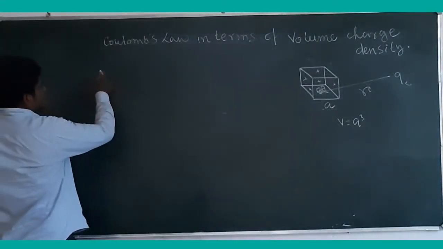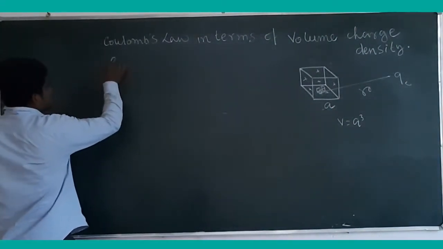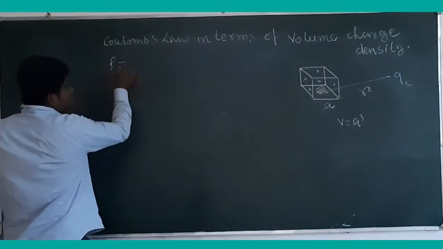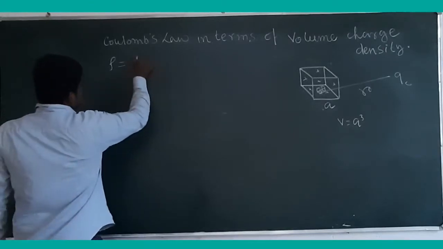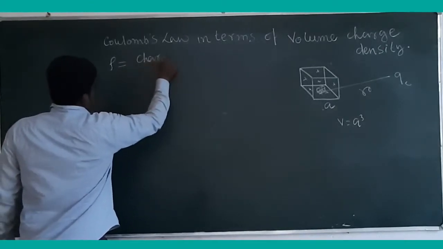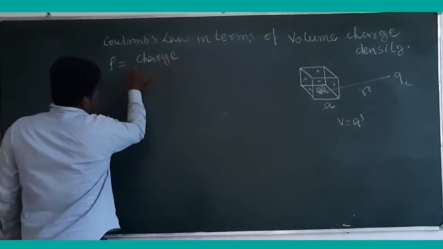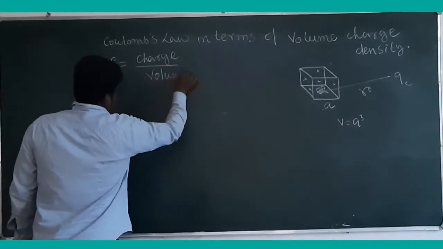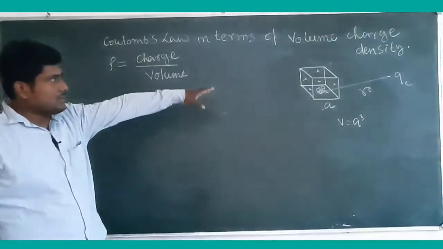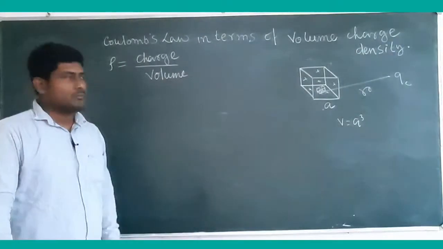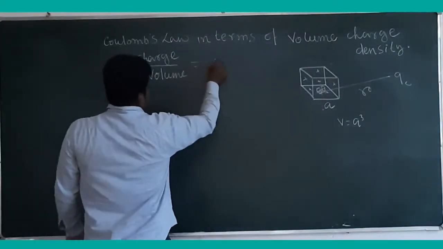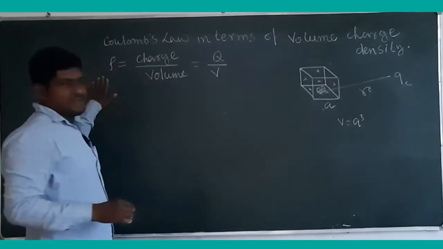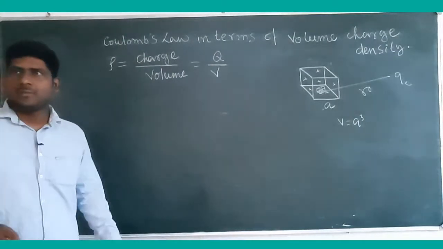Volume charge density is expressed in terms of rho, and this rho is equal to charge over volume. If you consider the total charge on the cube as capital Q and volume as capital V, then you can easily write rho is equal to Q by V.